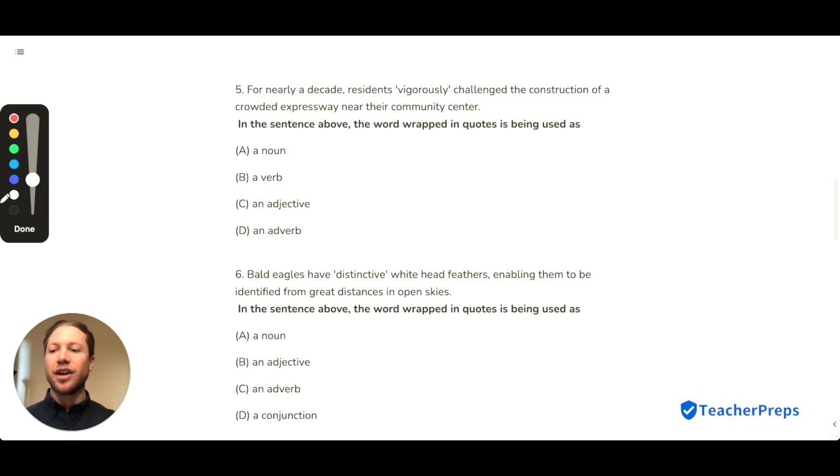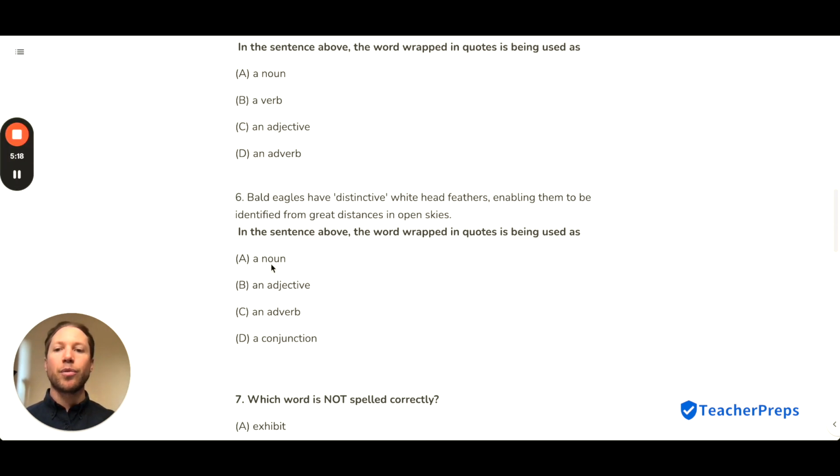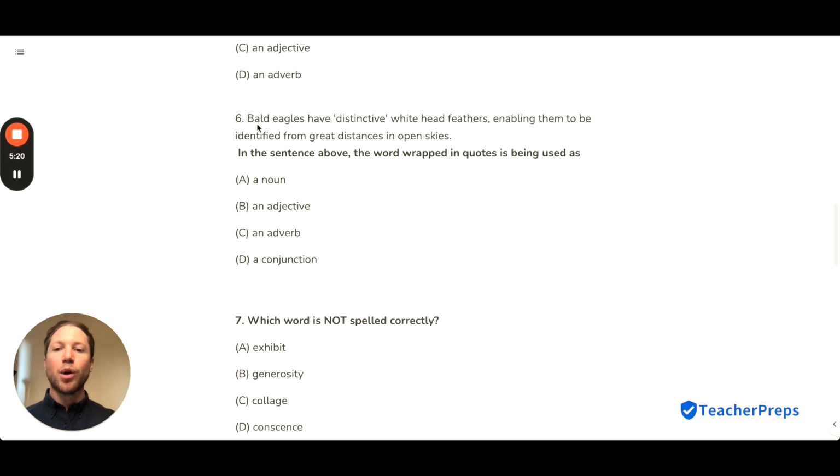Let's move on down now to question number 6, which reads, bald eagles have distinctive white head feathers, enabling them to be identified from great distances in open skies. Question here, in the sentence above, the word wrapped in quotes is being used as. Now, so what we are doing is we are identifying what type of word this word distinctive is.